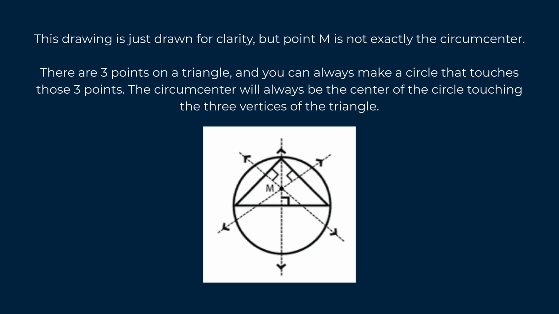It is actually just a random point on the triangle, because if you have a sharp eye, you can see that the top 2 sides, not the bottom side, but the top 2 sides, those perpendicular bisectors are not perpendicular bisectors at all. They don't bisect it. They do, in fact, make a perpendicular line with the segment, but they are not bisectors, meaning that this is not the circumcenter.